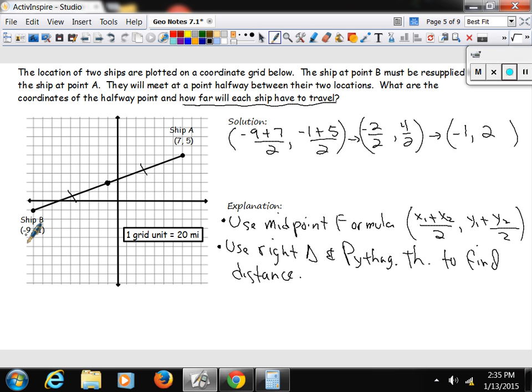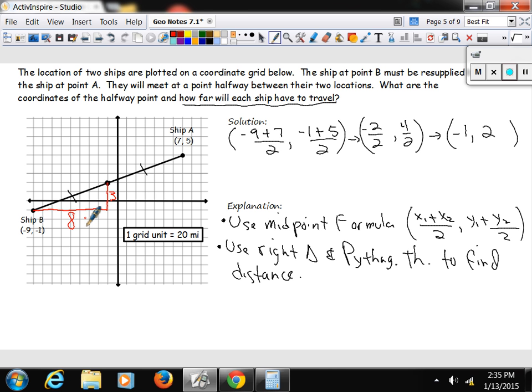I've got all 3 points now that I found the midpoint. So I could use the distance formula. But when I have a picture, I think using the Pythagorean theorem is a lot easier. From ship B, I'm going to go 1, 2, 3, 4, 5, 6, 7, 8, and up 1, 2, 3 to get to the midpoint. 8 and 3. That's the distance that ship B has to travel to get to the midpoint.